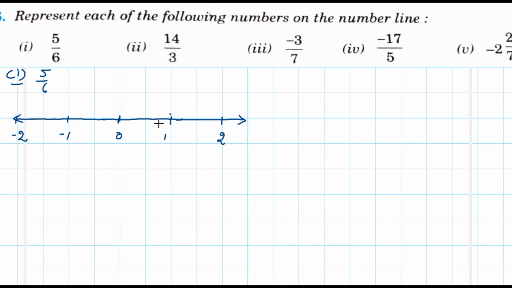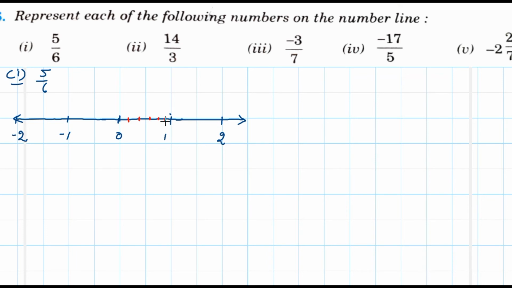Right, so how will we do that? This is 1, this is 2, this is 1, 2, 3, 4, 5 and 6. Right, so 1, 2, 3, 4, 5, 6.